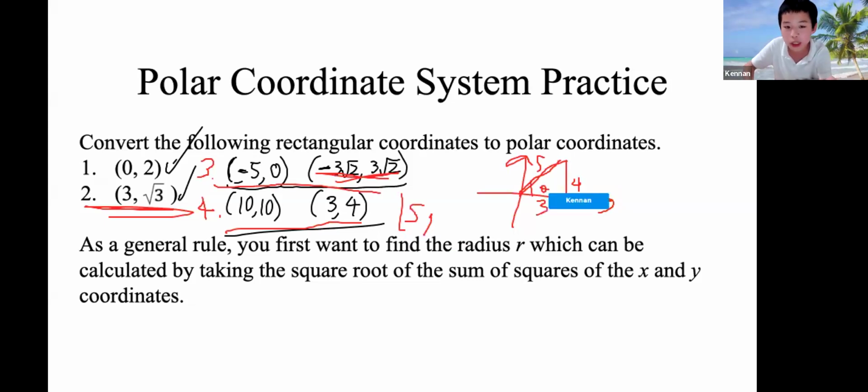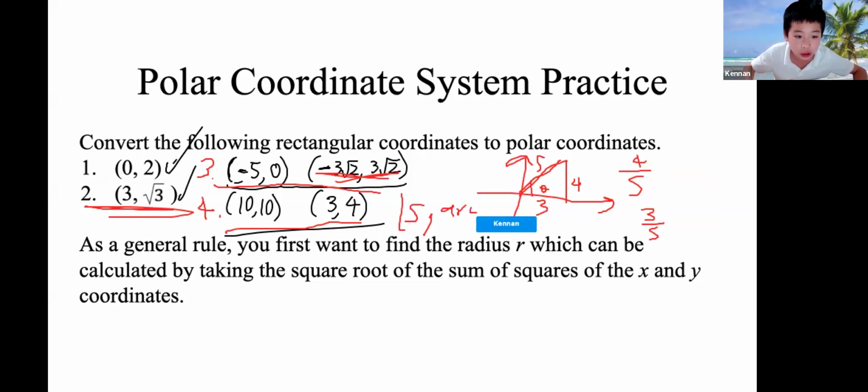We know its sine is 4/5, or its cosine is 3/5. Either way, arcsine 4/5, arccos 3/5, or arctan 4/3 should work. So I'll just do arcsine of 4/5, and I think this should be it for this problem.